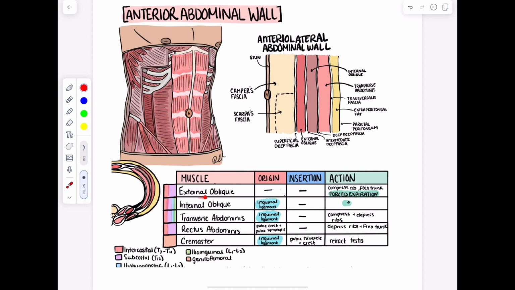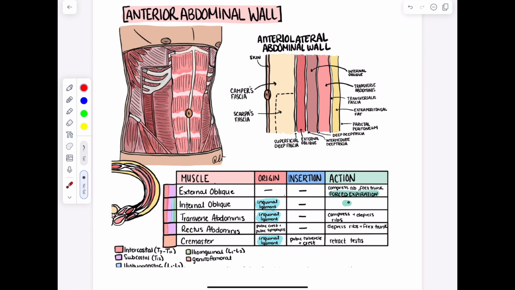We then have our external obliques and our internal obliques. In this picture, we can see those two different types of obliques working with our external and our internal. And then surrounding on the bottom of those, you see external going this way, internal going the opposite way, and then our transverse abdominis going this direction.